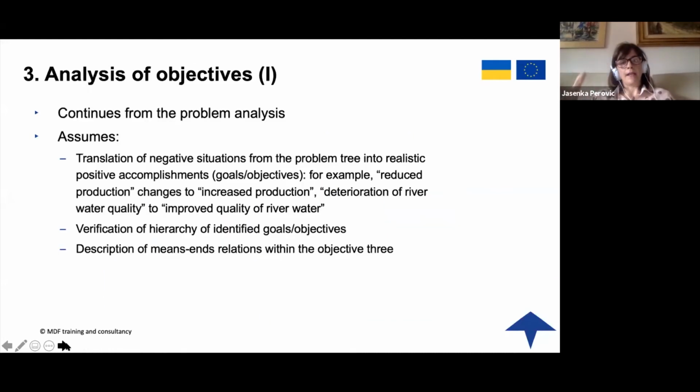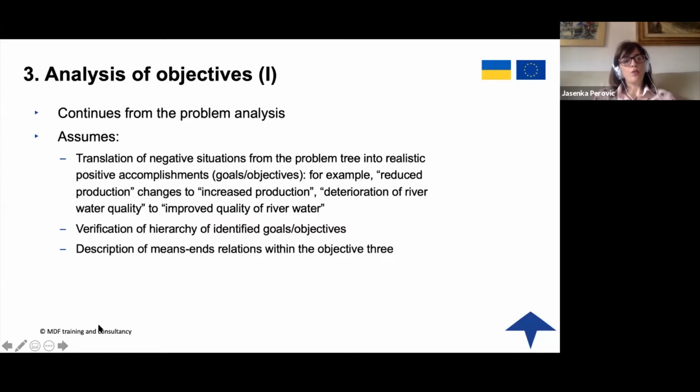So this is the second analysis that you should go through before starting filling in the logical framework and before starting writing your concept note. Then you go to translating the problem tree into the objectives. This continues from the problem analysis, but it assumes translation of negative situations from the problem tree into realistic positive accomplishments.